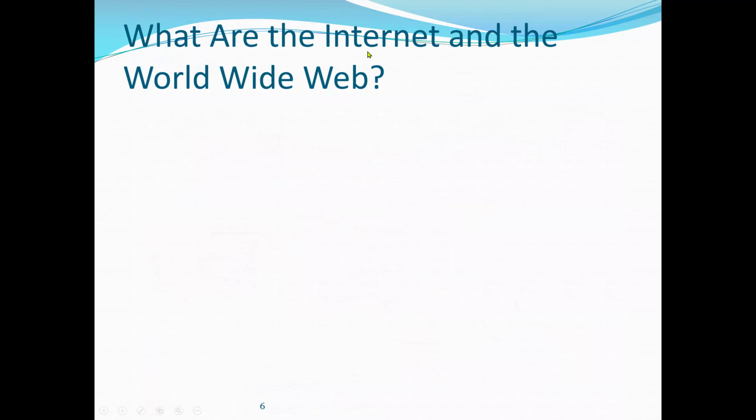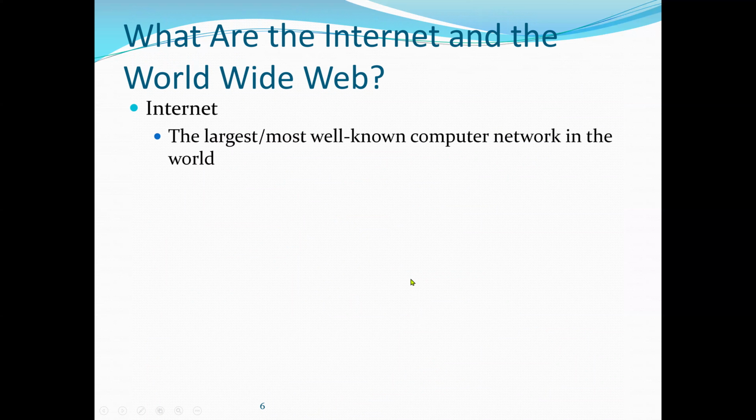So what are the internet and also the World Wide Web? We know the internet is the largest and most well-known computer network in the world. Here we have thousands, if not millions, of computers connected together all over the world using a satellite system to be able to communicate.